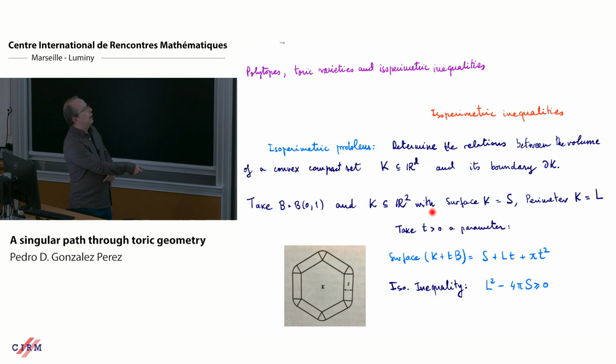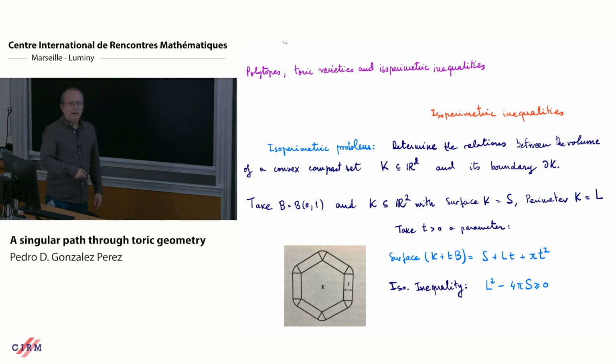R^2, and we consider S its surface and L its perimeter, and then we can take a parameter t, and we consider the surface of this Minkowski sum, which is represented here. And we see from the representation that this surface can be expressed as a polynomial in t of degree 2 with coefficients S, L, and pi.